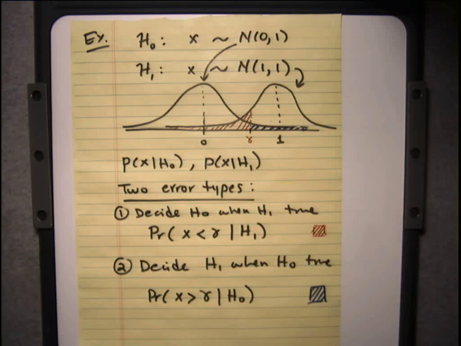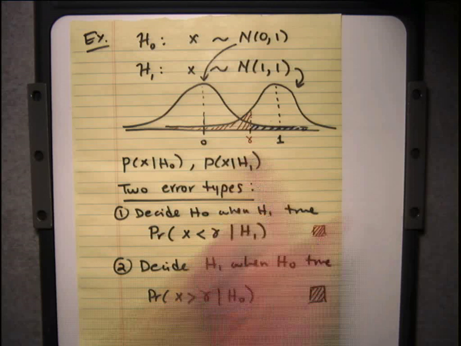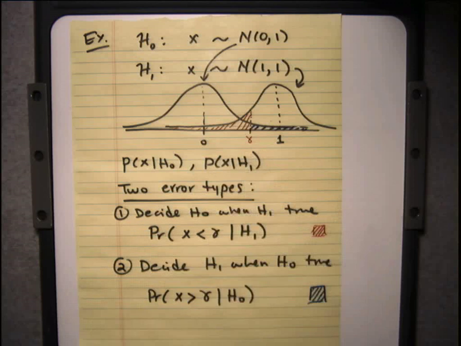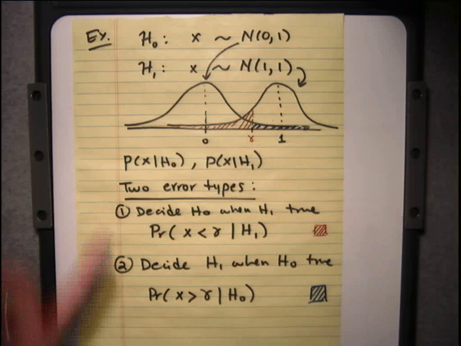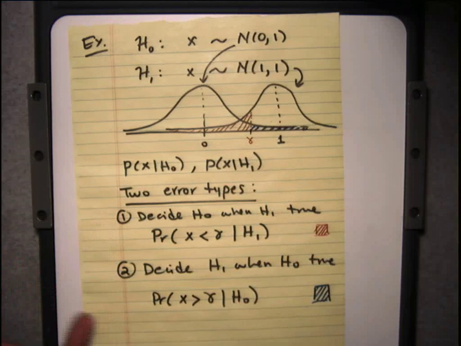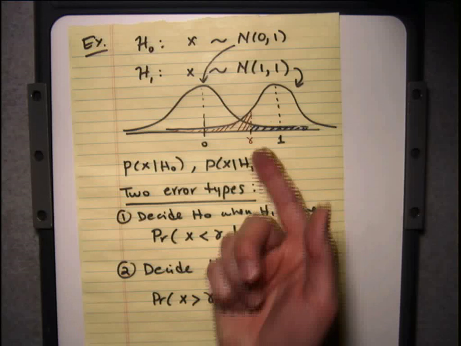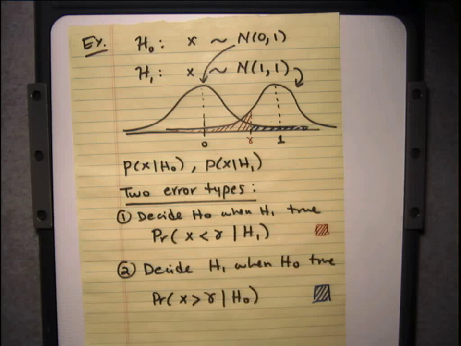The moral of the story here is that the whole game is to pick a threshold gamma that somehow compromises between this type of error and this type of error. Given that you can never make the perfect decision, you have to decide how this gamma is going to be selected.